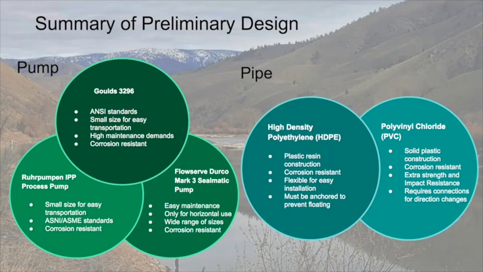From there, it was a matter of selecting which pump was the best for us. The same goes for the pipe. Both high density polyethylene pipe and polyvinyl chloride pipe would meet the requirements of this project. However, you will see some pros and cons to both of those.